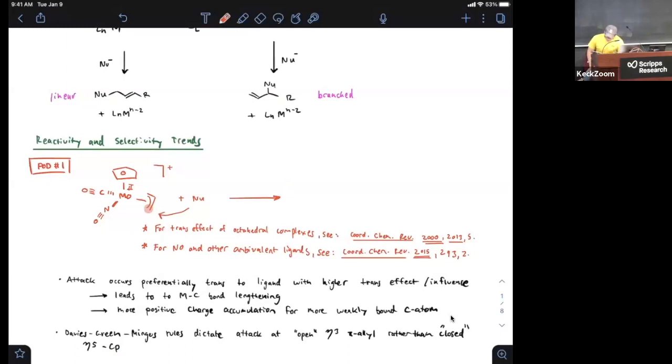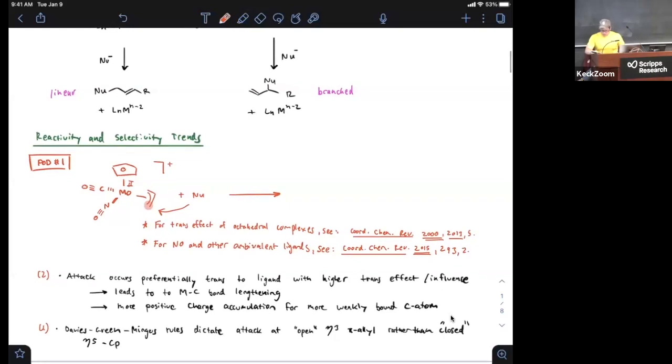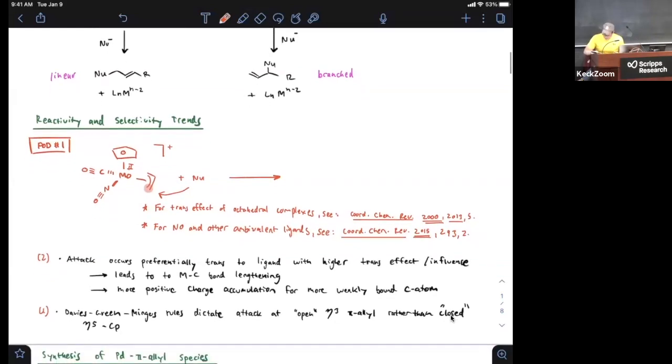In the ground state, it leads to bond lengthening, bond weakening, and that increases the LUMO coefficient on that carbon atom. More positive charge accumulation. So we apply these two rules. The first one was the one that Madison helped us define here, that we apply the Davies-Green-Mingos rules, attack the open eta-3, and then we need to think about which of the two ligands has a stronger trans influence and predict based on that which site will be attacked. We'll see more examples of this trans effect, trans influence.